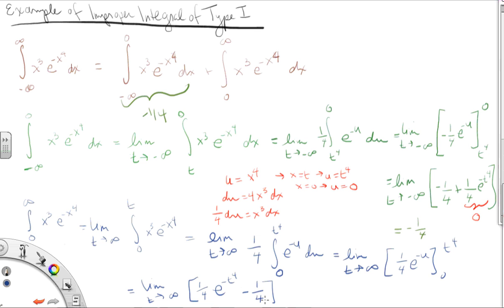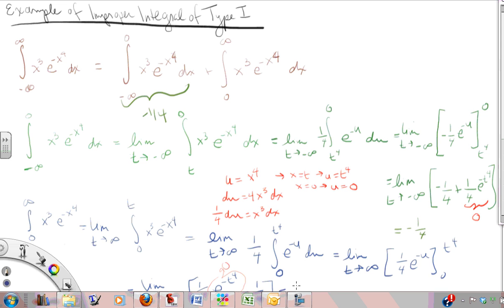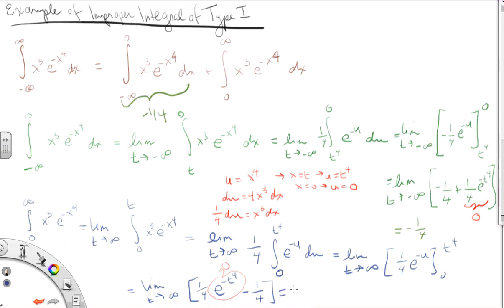And as we noted before, as t goes to infinity, this thing goes to 0. So this entire thing goes to minus 1/4.